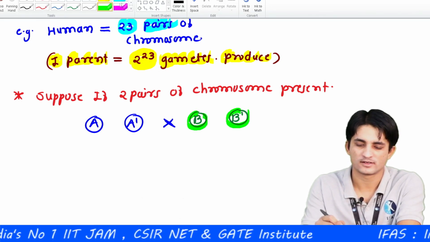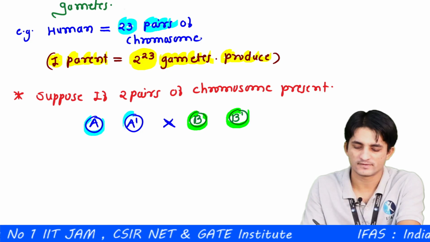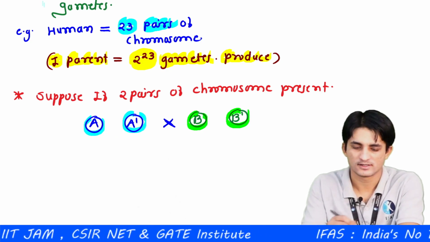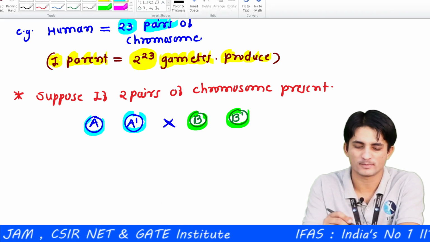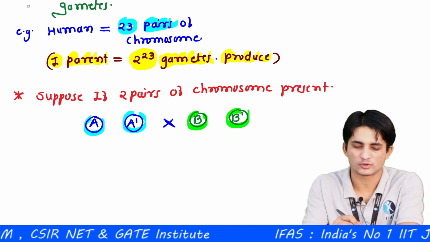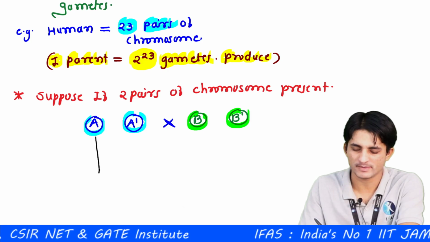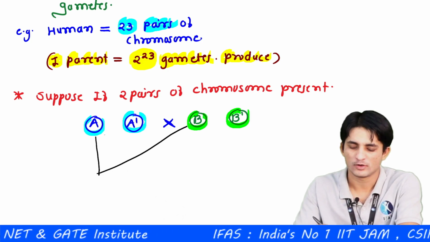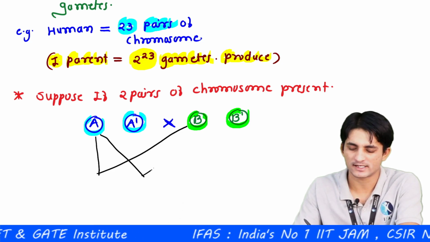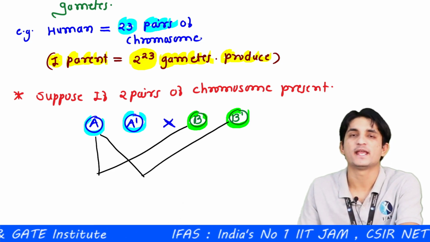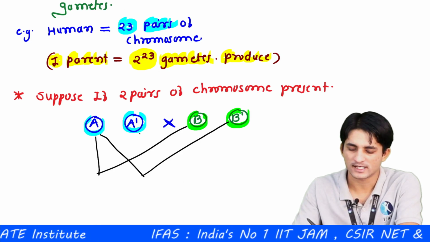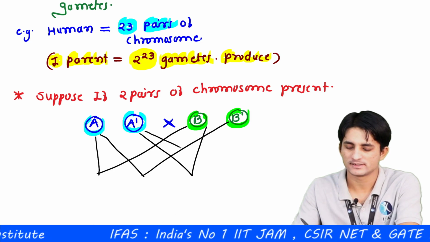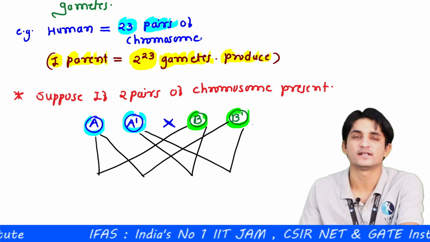Now here, if there is independent assortment, which pair is transferred into the gamete? How many possible combinations are there? If two pairs of chromosomes are there, then in gametes there may be transfer of A with B, or A with B dash, or A dash with B, or A dash with B dash.